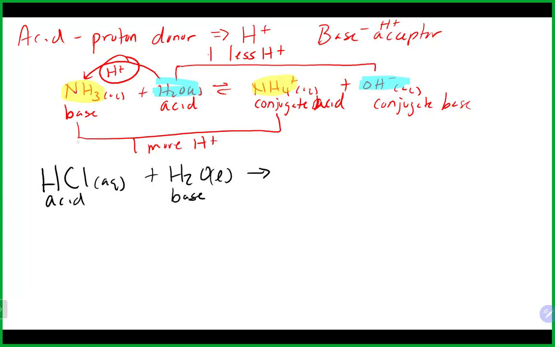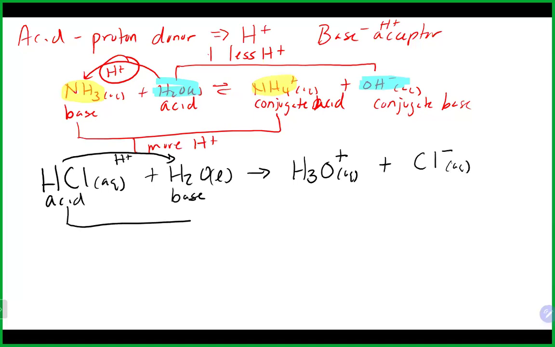The acid is going to donate over the H plus. When it does so, the water will gain that H plus and become H3O plus here. Again, it gains the hydrogen and also the positive charge. The HCl loses the hydrogen and becomes one more negative here because it was neutral to start with.